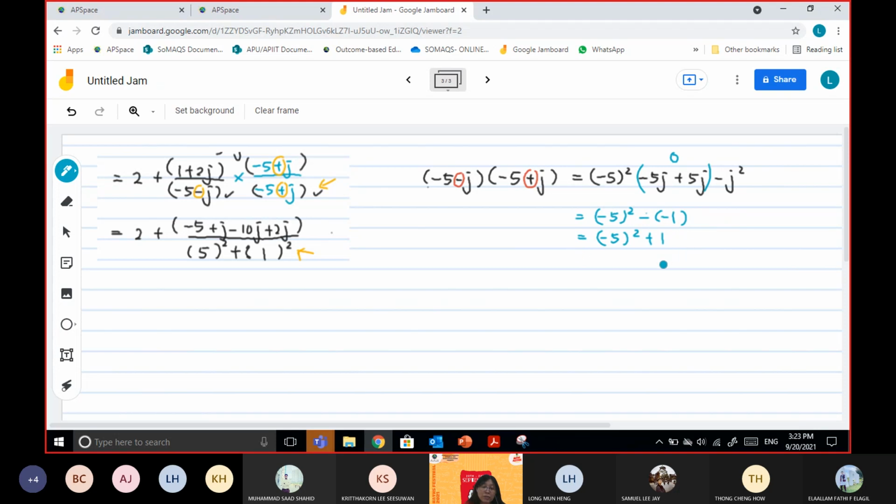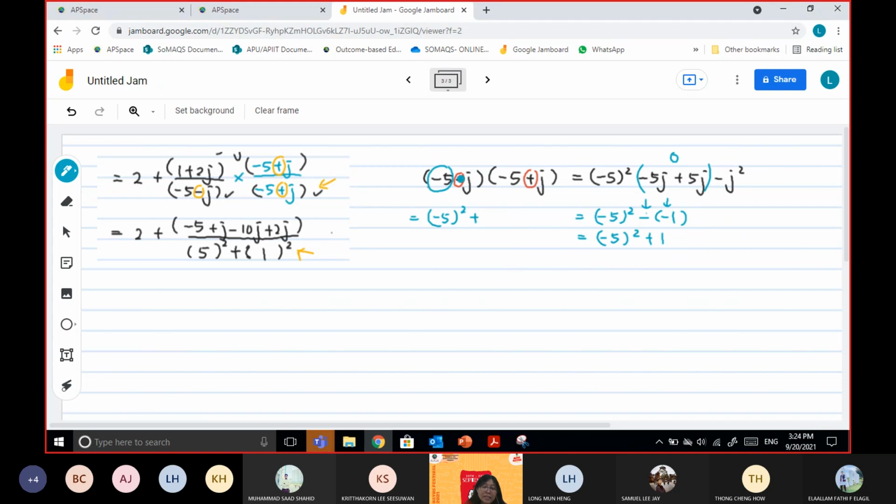If we want to do it fast, we can just identify the real part. The real part is minus 5, so we write minus 5 squared. For the imaginary part, because j square gives us minus 1, minus and minus gives a plus, so we will always have a plus.